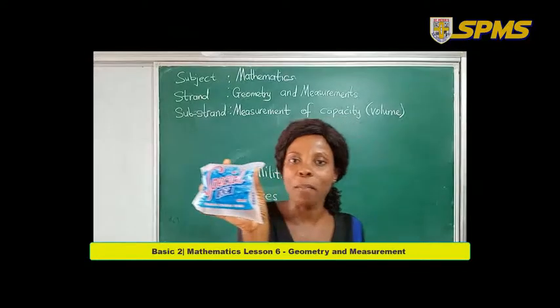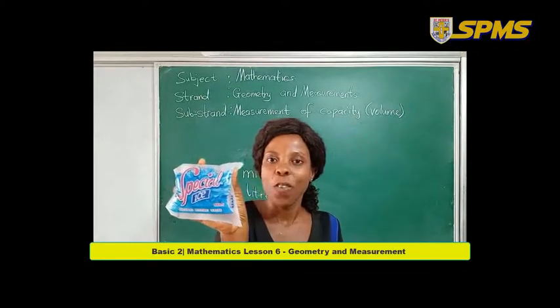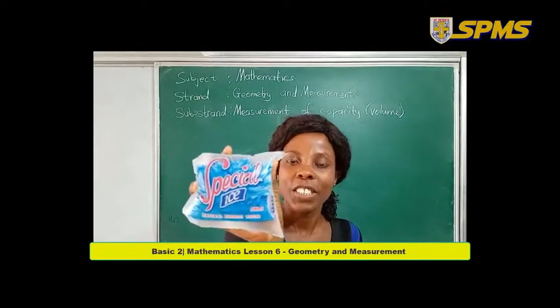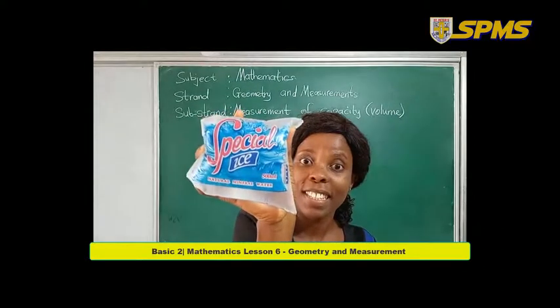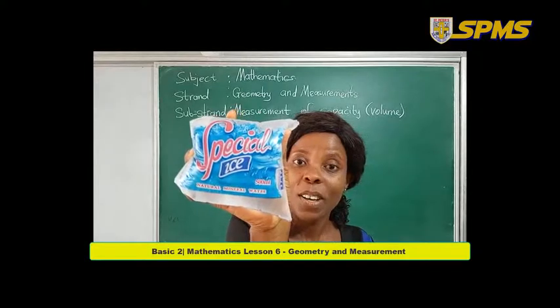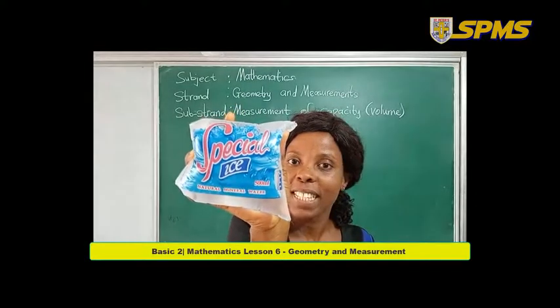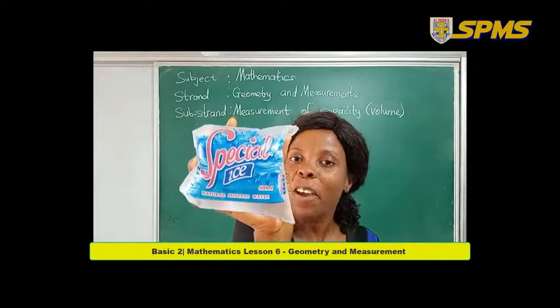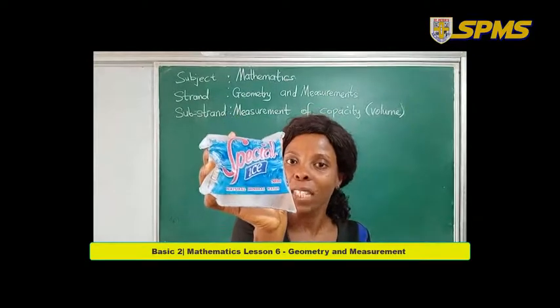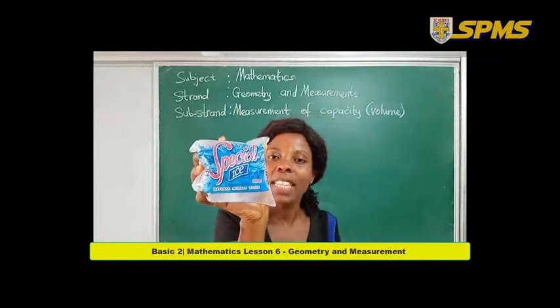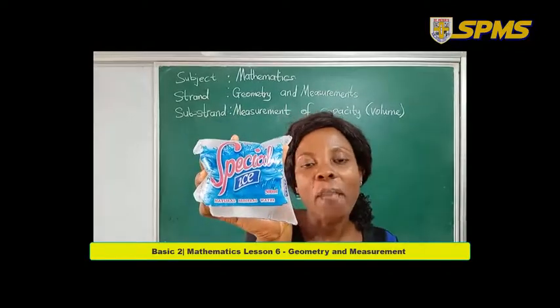Look out for the capacity of this sachet. Can you see it? What is the unit? 500 ml. So the sachet water has a capacity of 500 ml.